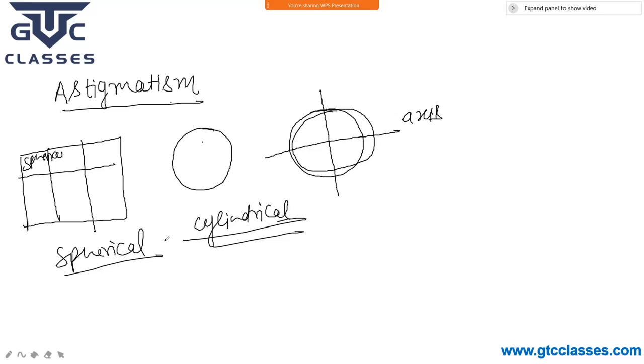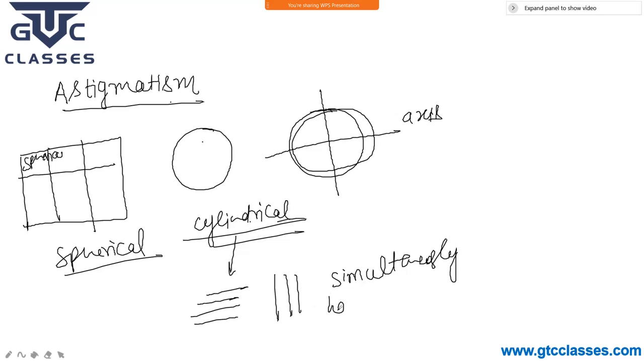So because of this cylindrical, if this cylindrical power you have got, that means your capability to identify horizontal lines and vertical lines simultaneously has reduced.